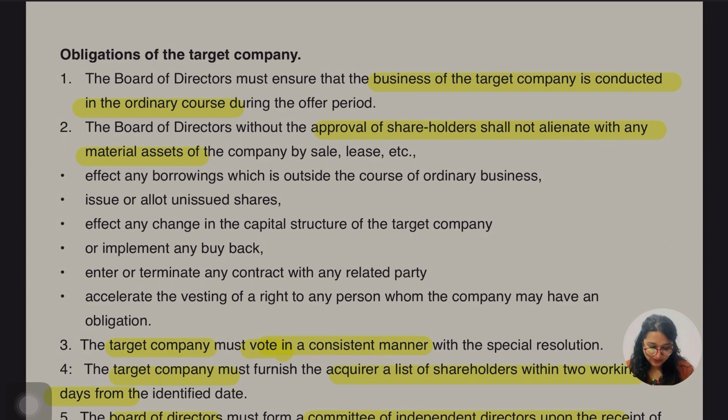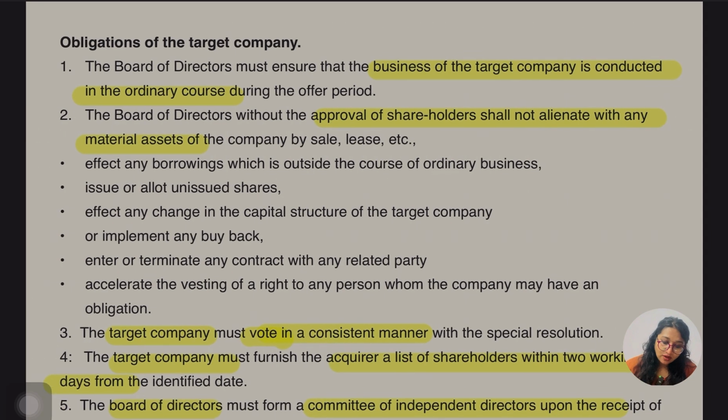Not some, all the obligations. The board of directors must ensure that the business of the target company is conducted in the ordinary course during the offer period, which is very easy. Then the BOD, without the approval of shareholders, shall not alienate any material asset of the company by sale or lease.